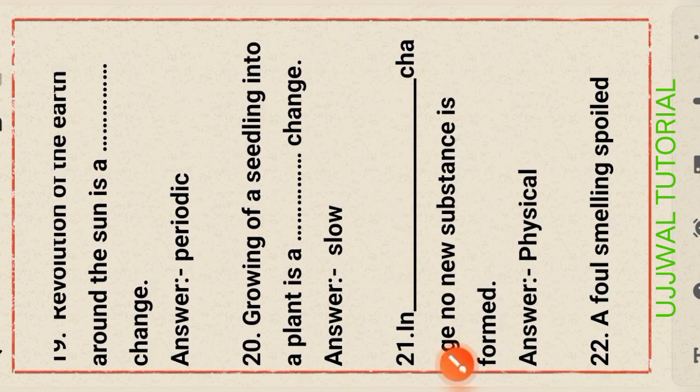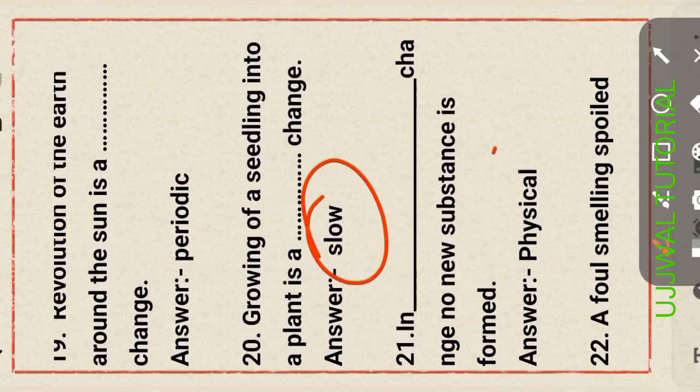Growing of a seedling into a plant is a slow change. This is a slow motion. Next, no new substance is formed, that is a physical change. No new product is formed, no change of composition, so this is a physical change.